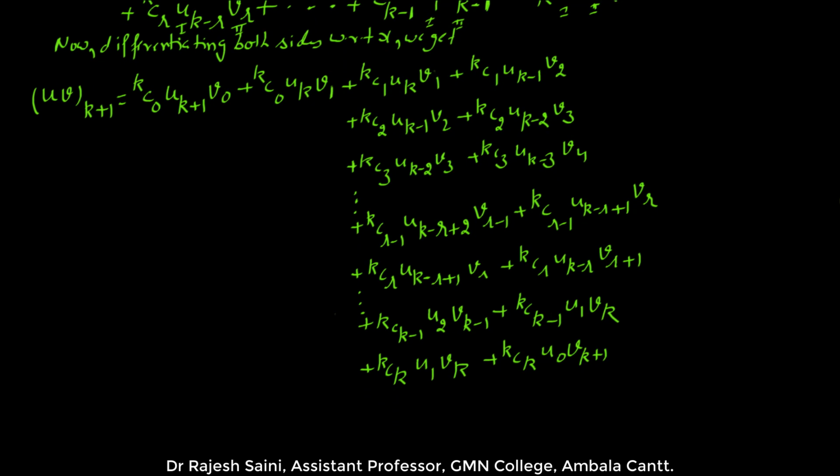Now we will do the collection of the terms. Look over here: from this and these two terms have common u(k-1) v2, and these cross terms have common u(k-2) v3. Similarly, the following term will have u(k-3) v4, and it will be here.